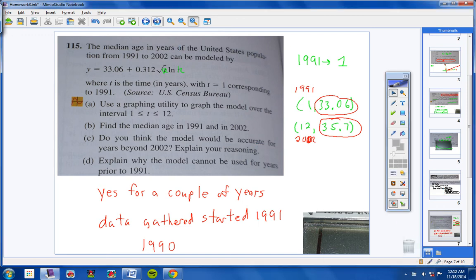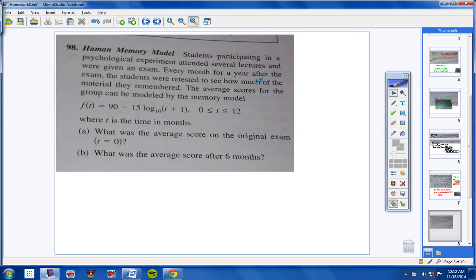Okay, number 98. Here we go. Students participate in a psychological experiment, attended several lectures. Every month for a year after the exam, the students were retested to see how much of the material they remember. The average scores for the group can be modeled by the memory model, where t is greater than 0 and less than 12.